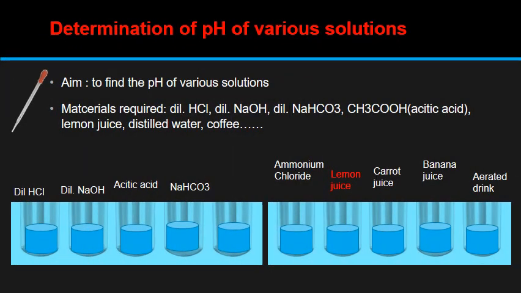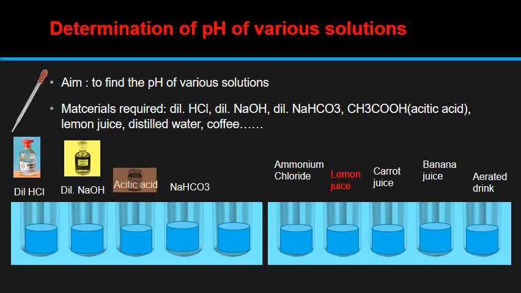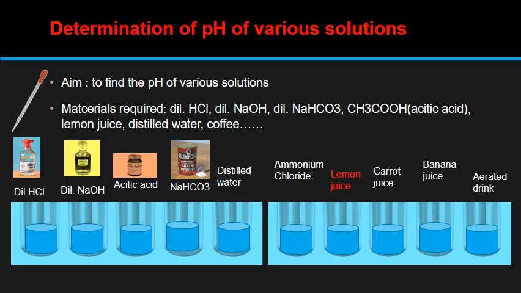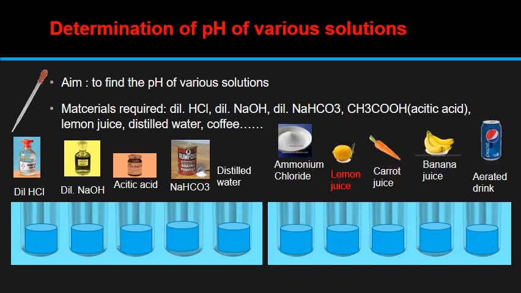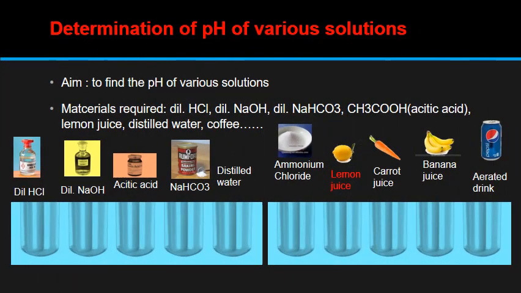Take a dropper and add the indicators. Here we have used methyl orange. These are the pictures of the dilute HCl and sodium hydroxide, acetic acid, distilled water, ammonium chloride, lemon juice, carrot juice, banana juice, and cool drinks.